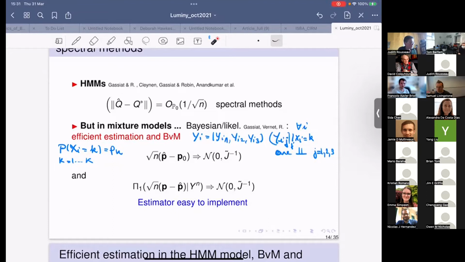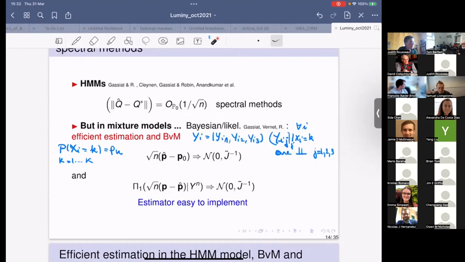In other words, if Y is Y1, Y2, Y3, the distribution of Y given X is F1 times F2 times F3. So it's a product of 3 independent distributions. So they are conditionally independent. And so when you have this structure, then you can identify everything. And somehow it's because you have this structure that it works also for hidden Markov models.